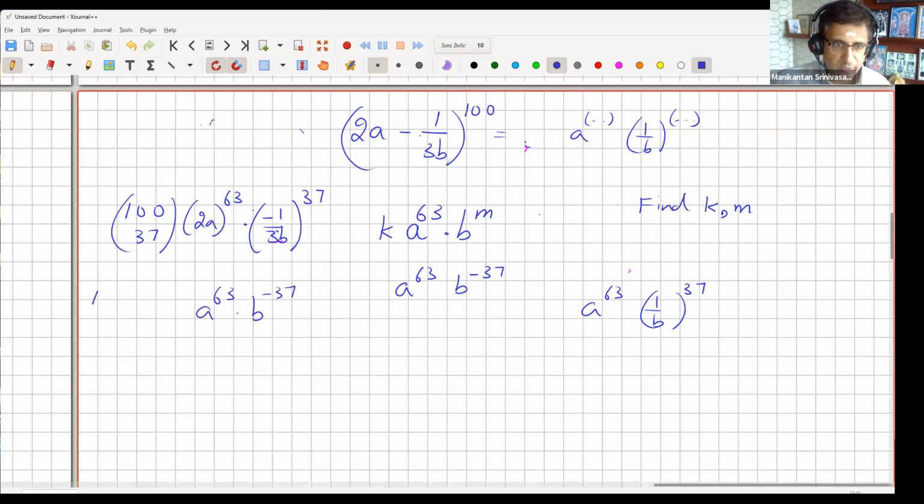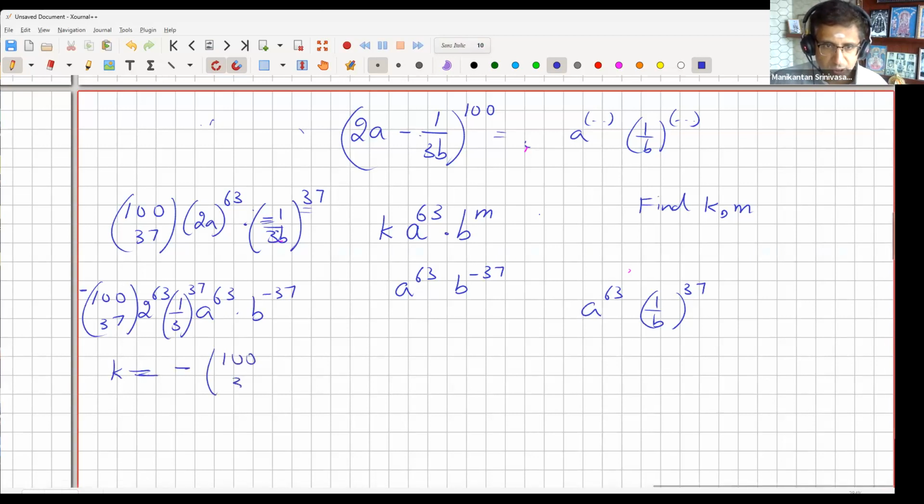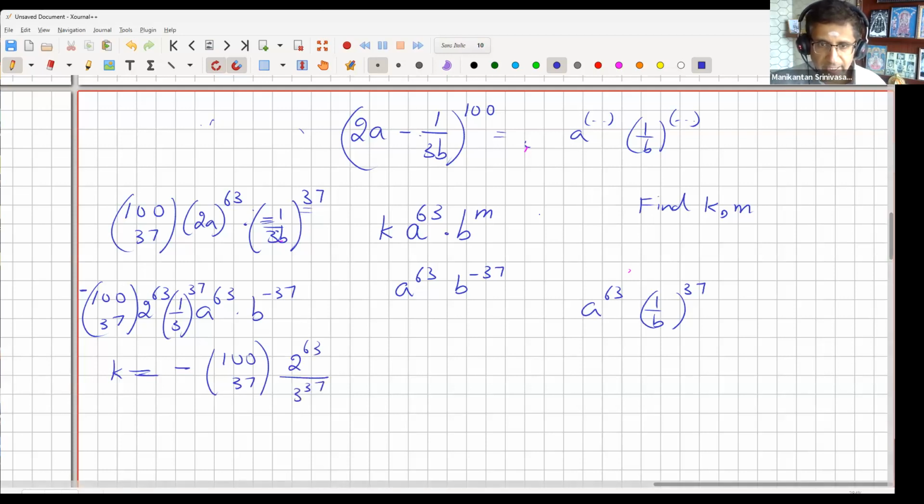The rest are numbers. What are the numbers? We have 100 choose 37. And then we have 2 power 63. And then we have 1 by 3 power 37. And then we have a negative sign because it's negative 1 power 37. Therefore, we have a negative sign in front of it. So my k is the combination of all of these numericals. It's a negative number, which is 100 choose 37 times 2 power 63 upon 3 power 37. That is my k.